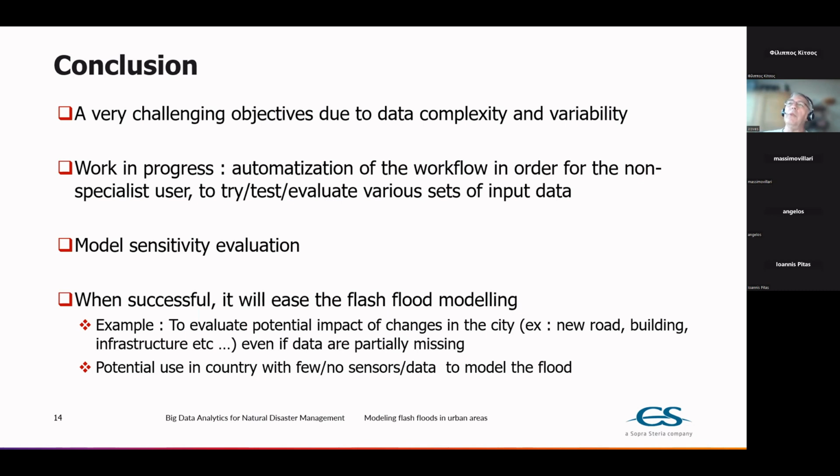Automating would be faster, but it also means that non-specialists will be able to use it to make some tests or get some what-if conditions: if I change that, if I remove this street, if I enlarge this street, and so on. Today, you need to be a computer engineer, or at least a specialist in GIS, to do it.